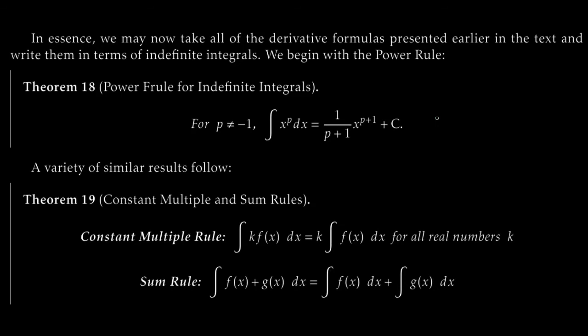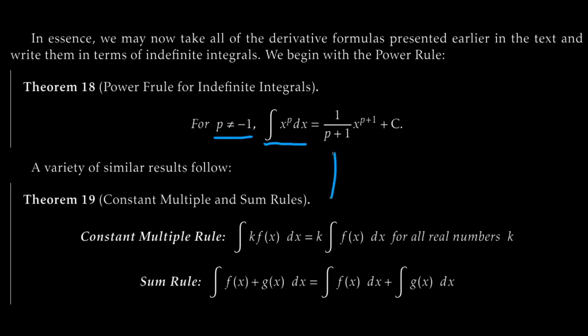For p not equal to -1, the indefinite integral of x to the p dx, the family of functions whose derivative is x to the p, is just 1 over p plus 1 times x to the p plus 1, plus c.